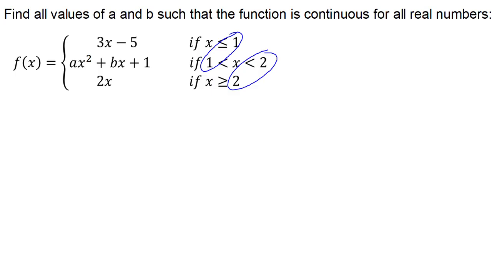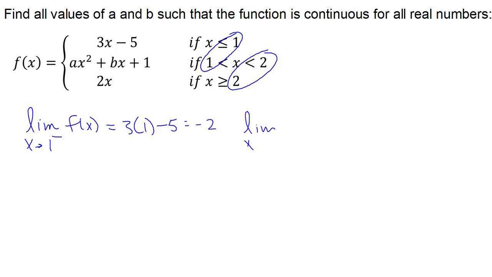And so we're going to start off then by doing the limit as x approaches 1 from the left of f of x, which will be 3 times 1 minus 5, or negative 2. And then we'll also do the limit as x approaches 1 from the right of f of x, which means we're just plugging it into the ax squared plus bx plus 1 portion, which becomes a plus b plus 1 when x is 1.